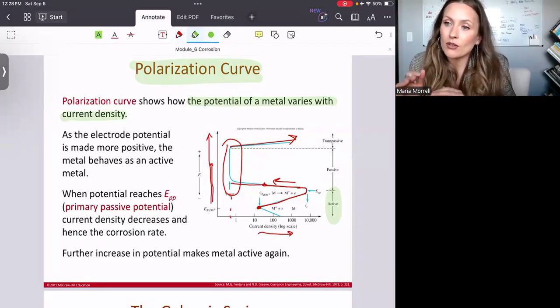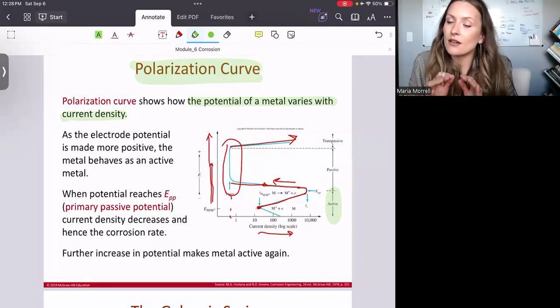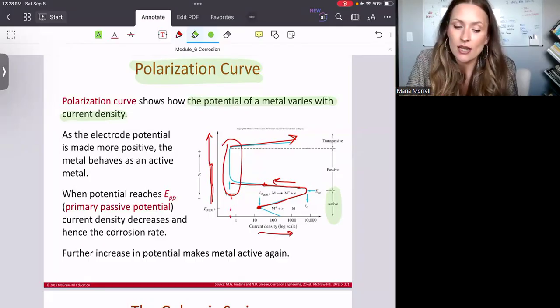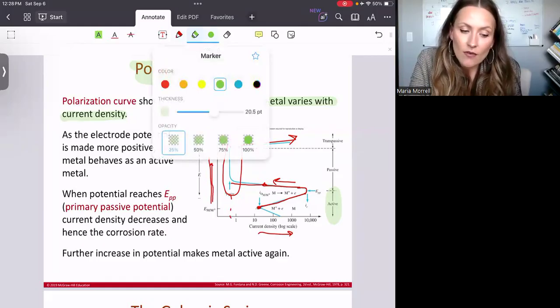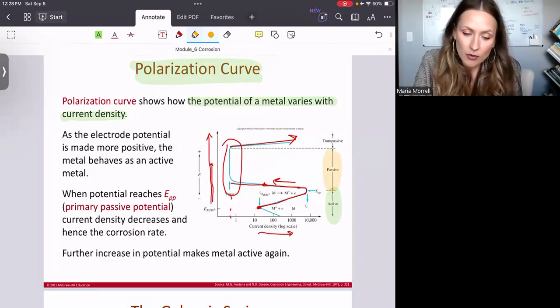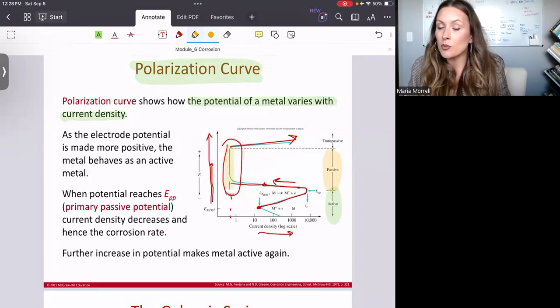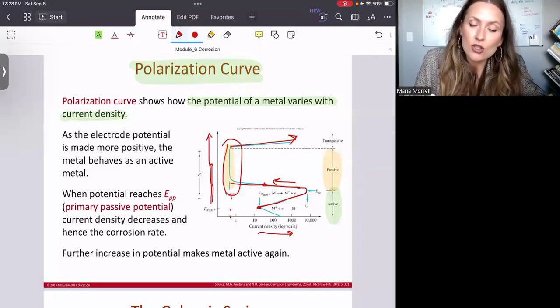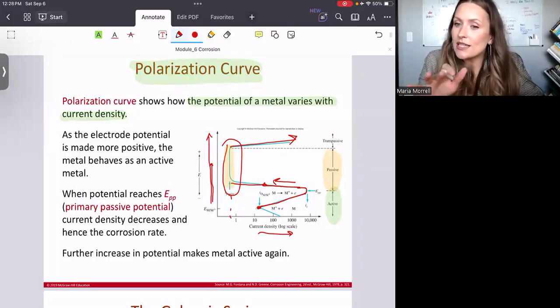But at some point, only very specific metals or alloys can enter this passive region. I'm referring to this area right here, which is going to be very important, because as an engineer, later on I will go into detail on how people designed systems that allow you to use this knowledge to protect your metal.